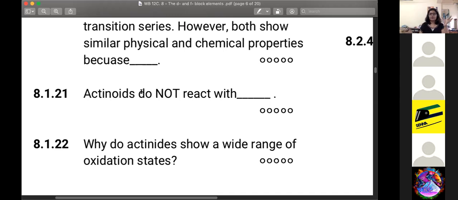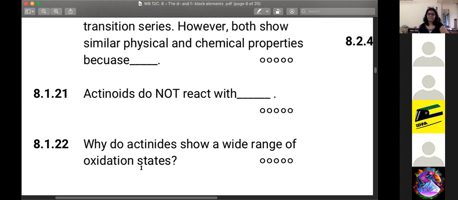And because all of them are pretty basic, aluminium is amphoteric, but calcium is very basic, right? Especially the lanthanides on the left side don't react with bases. But as you go from left to right, as the basic nature decreases, to some extent the rightmost elements show reaction. But when it comes to actinides, they absolutely do not react with any of the alkalis.